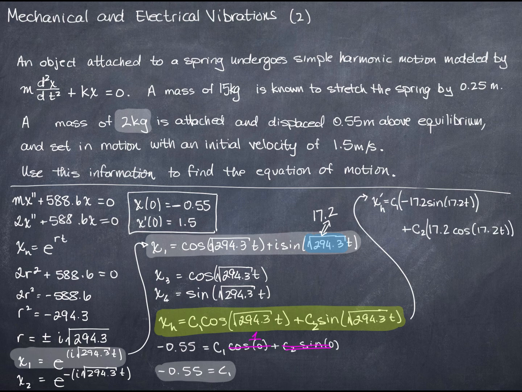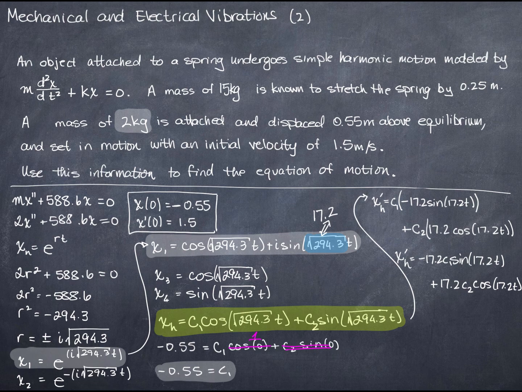And if I tidy that up, I get x sub h prime is equal to negative 17.2 C1 times the sine of 17.2t, plus 17.2 C2 times the cosine of 17.2t.